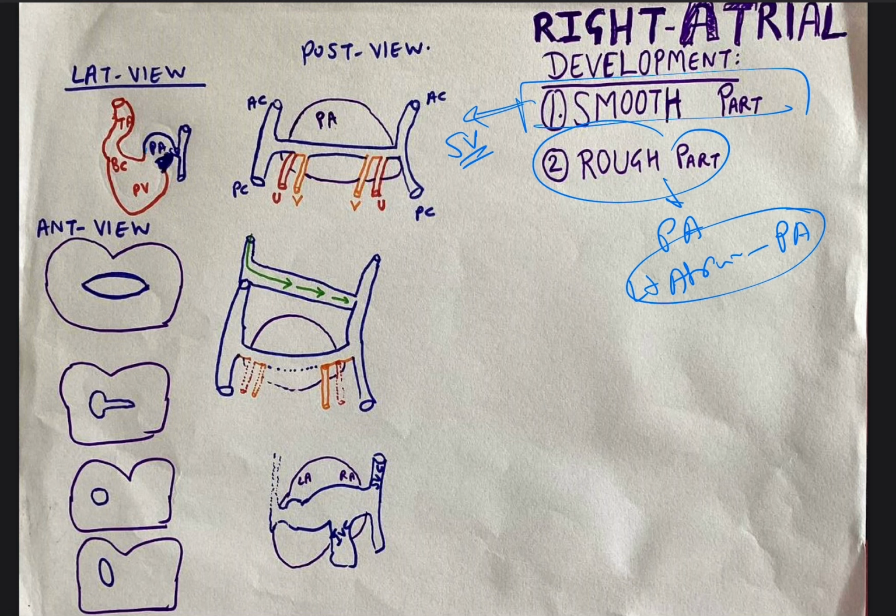We are aware that the lowermost part is the primitive atrium with the sinus venosus opening into it. The sinus venosus opens into the primitive atrium through the sinoatrial orifice. This is the posterior view. This is the primitive atrium, which is opened by the sinus venosus with its two horns. This is the sinoatrial orifice, which is initially central like this.